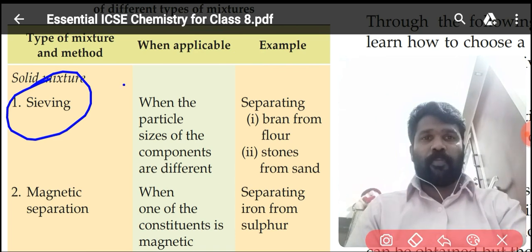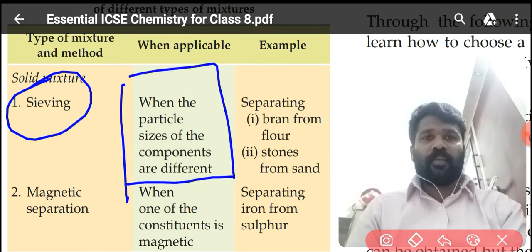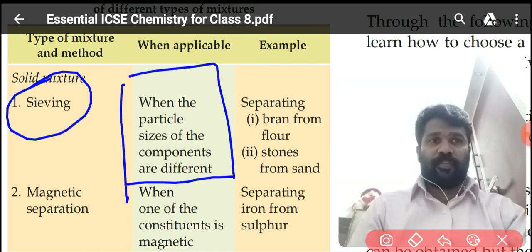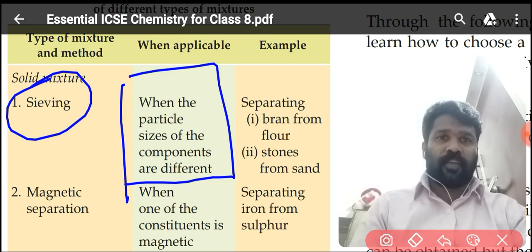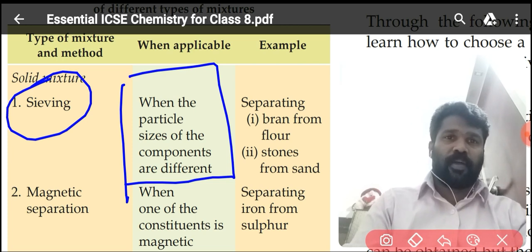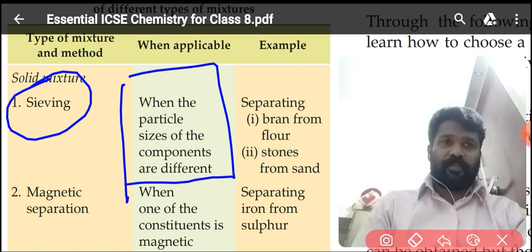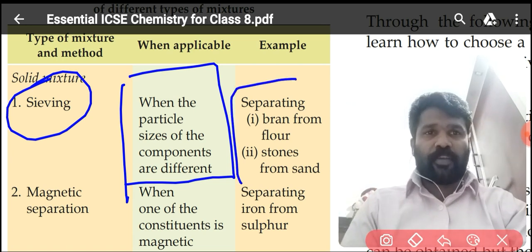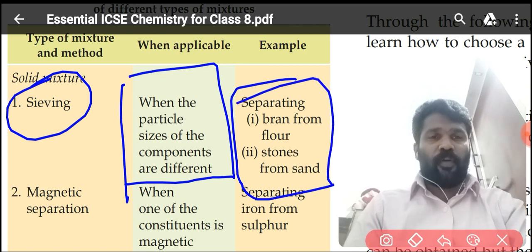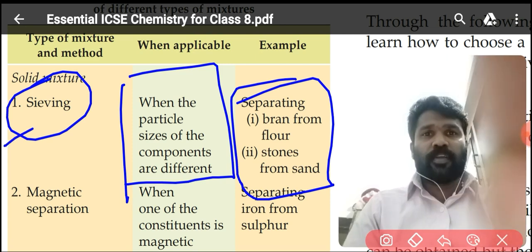Sieving is applicable when the particle sizes of the components are different. For example, separating bran from flour or stone from sand, we can use sieving.